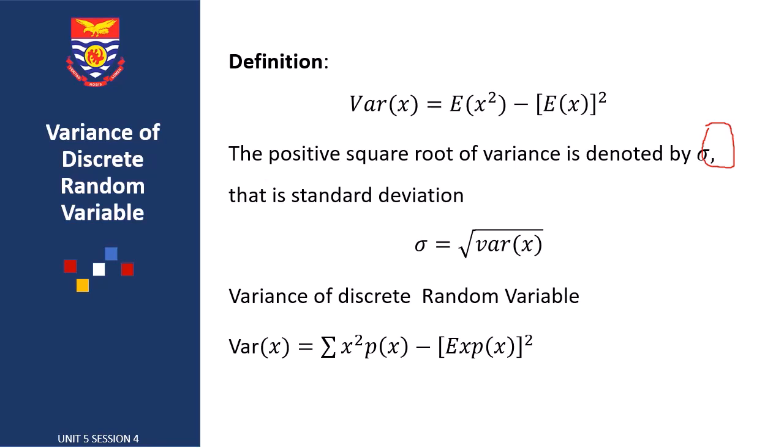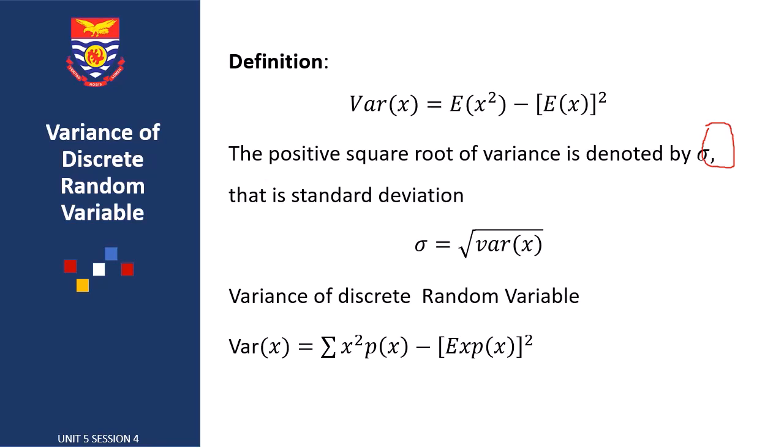And of course, we know how to calculate the expectation of a random variable. So to calculate the expectation of x squared, it follows the same procedure. The random variable multiplied by its corresponding probability, and we sum everything one by one. In this case, we are looking at x squared.